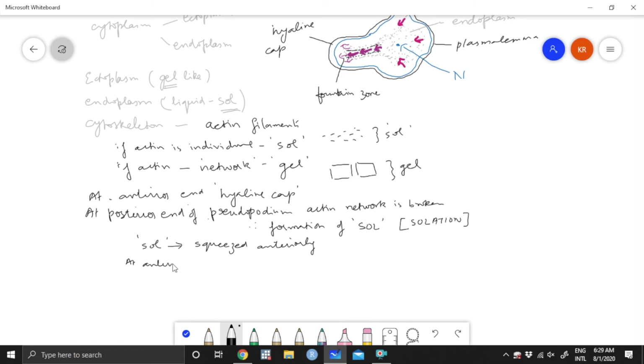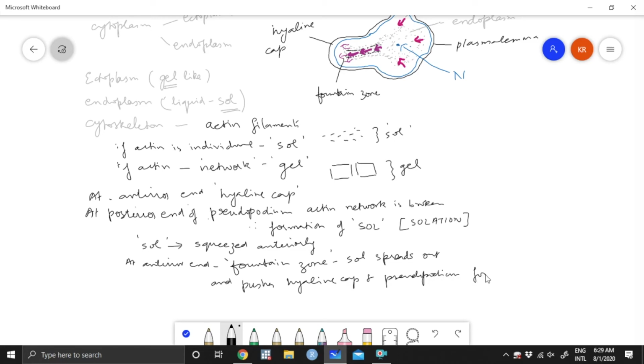At anterior end, there is a fountain zone where the sol spreads out and pushes hyaline cap and pseudopodium forward.